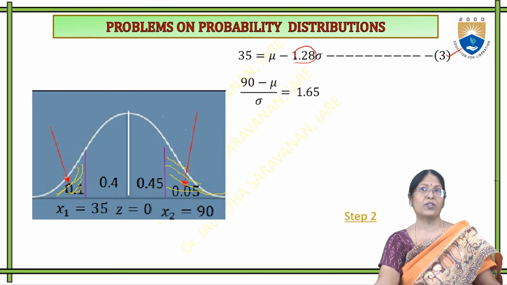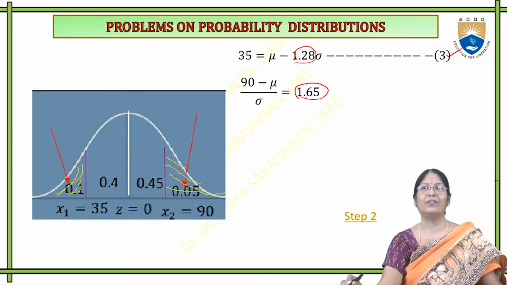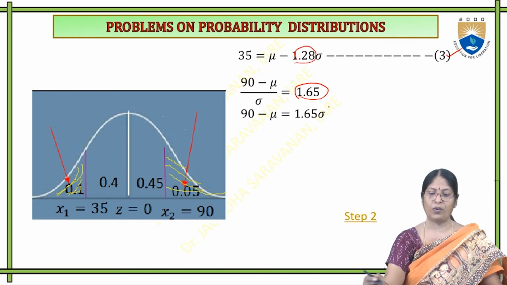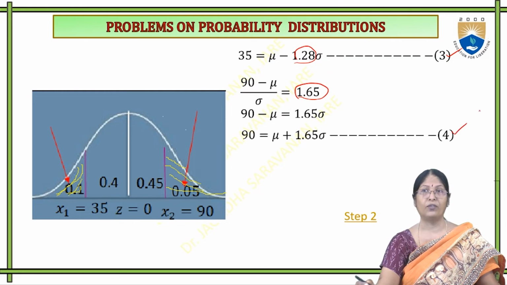The next equation is 90 minus mu by sigma equal to Z2. This value, for the time being, we will accept it: 1.65. So the sigma we are placing on the other side. So 90 minus mu equal to 1.65 sigma. That is equation 4.